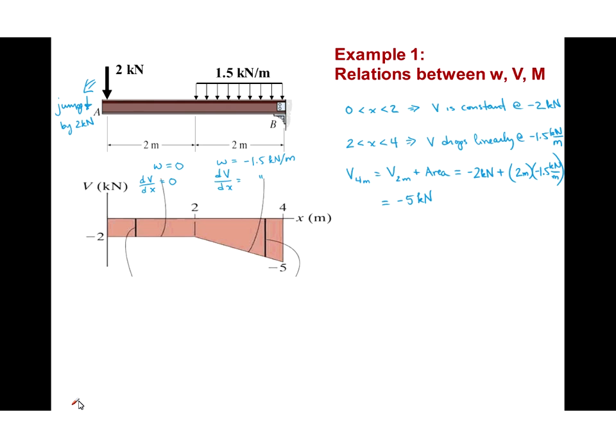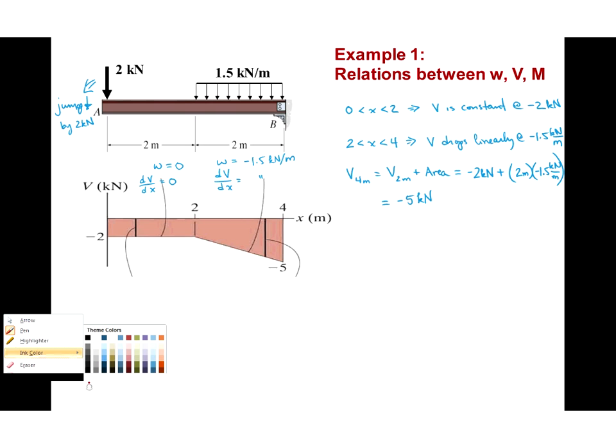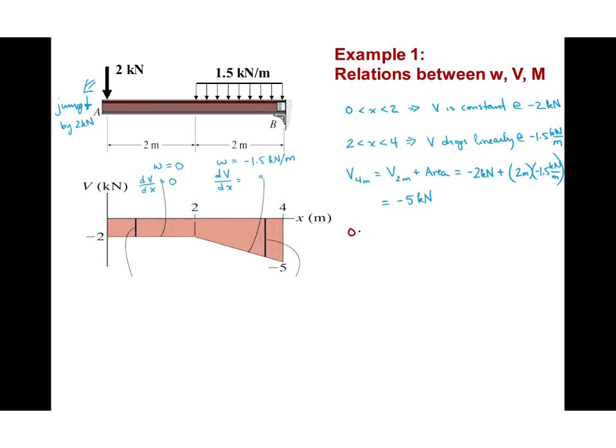Now, qualitatively speaking, we know that from 0 less than x less than 2, V here is constant, and it's negative, which tells us that the slope of M, dM/dx, is also constant and negative. So in other words, M must be dropping in that region.